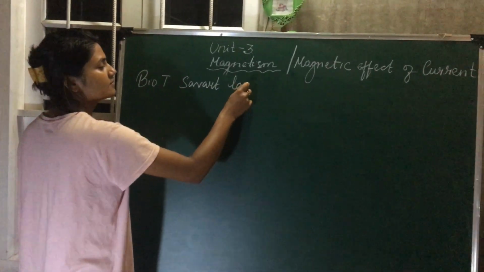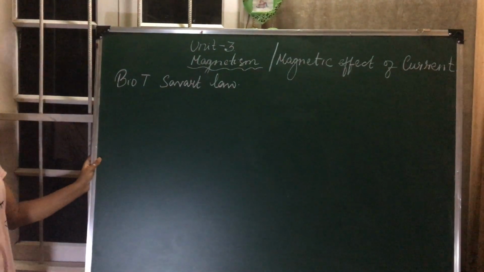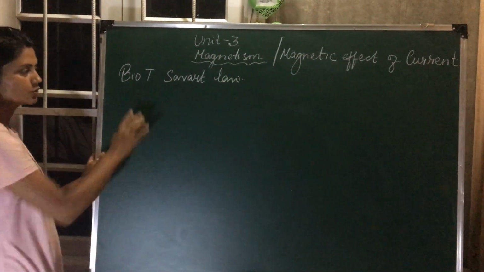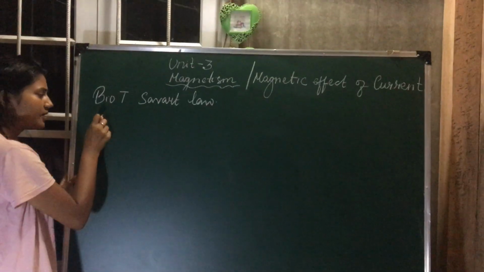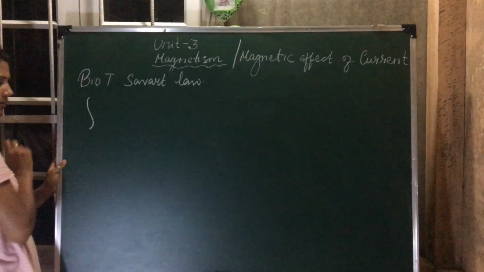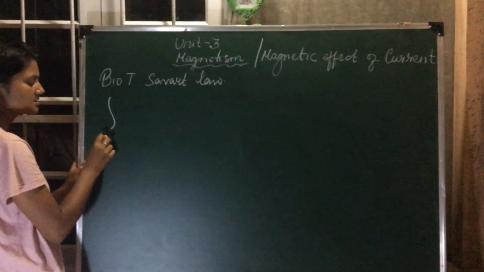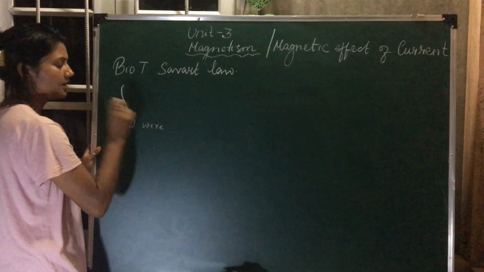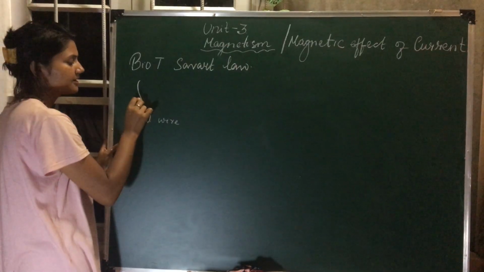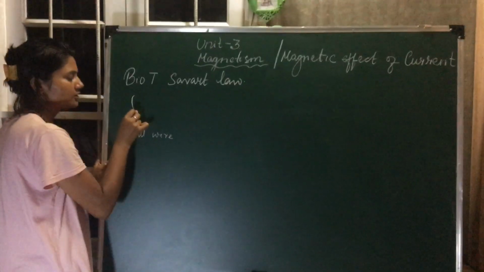It is in the Biot-Savart law. Two people actually, they found the magnetic field due to a very small wire. I must say this is a small wire, and say the current I is flowing through it.